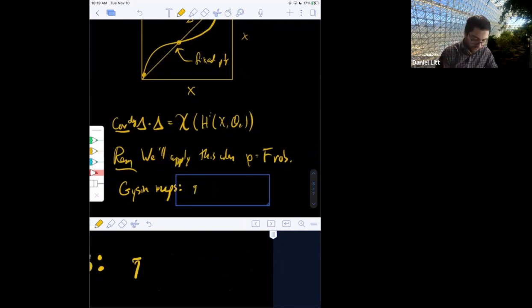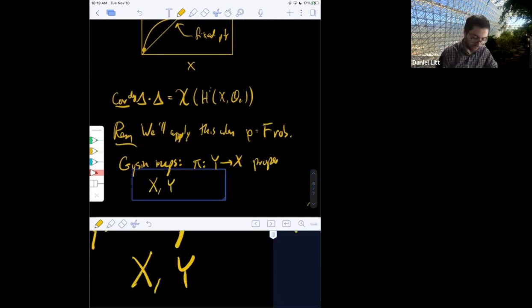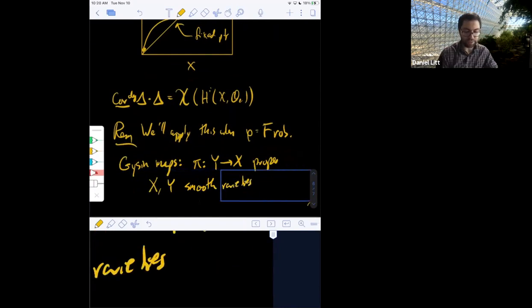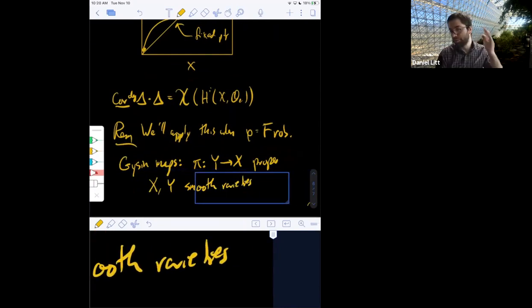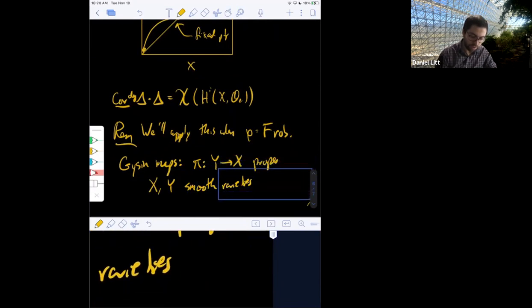Given a map pi from Y to X which is proper, and suppose X and Y are smooth varieties, we'll later apply this to phi, where phi is a map from X to itself. In this setting, we're going to get a sort of dual map. Let me assume for a second that X and Y are also proper.